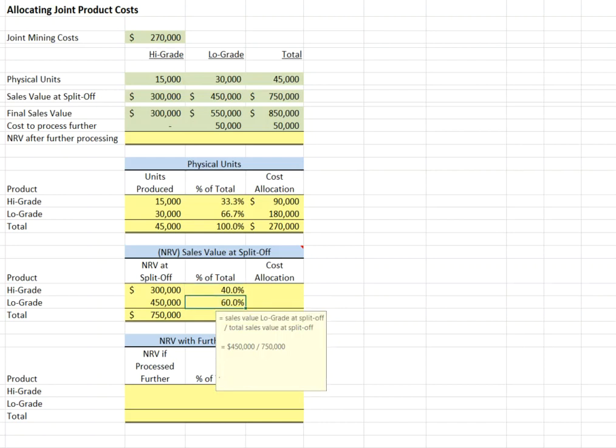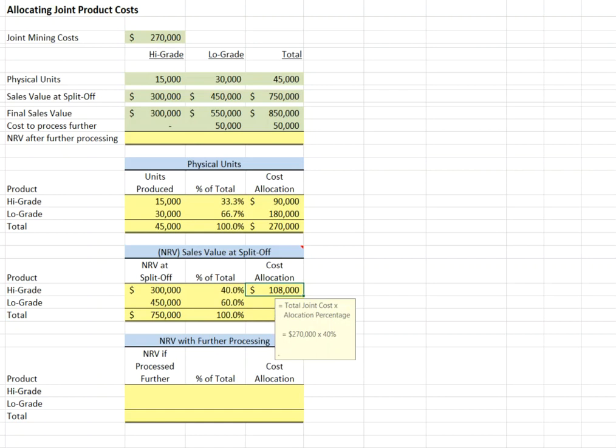The low grade coal is the remaining 60%, the $450,000 divided by $750,000. Make sure you've accounted for the full 100% of the cost, and then we simply allocate the cost. 40% of the $270,000 or $108,000 will be allocated to high grade, and the balance of $162,000 will be allocated to the low grade. Again, make sure you've accounted for the full cost.